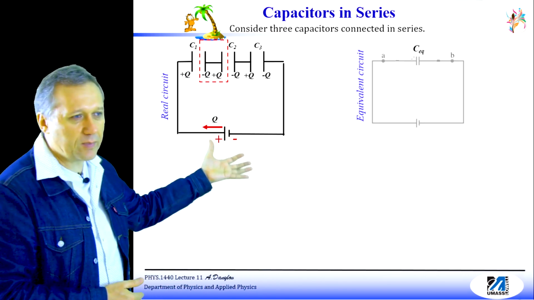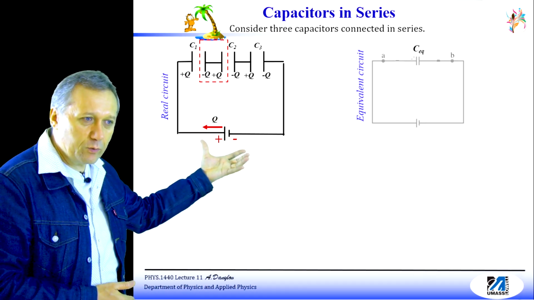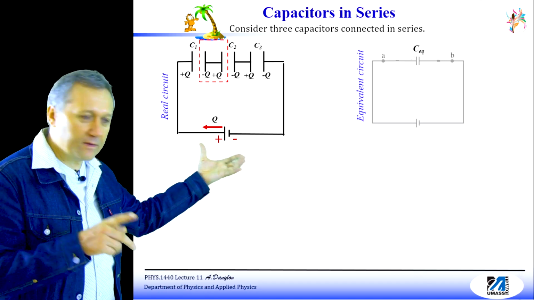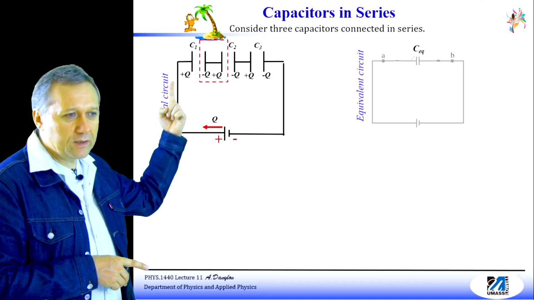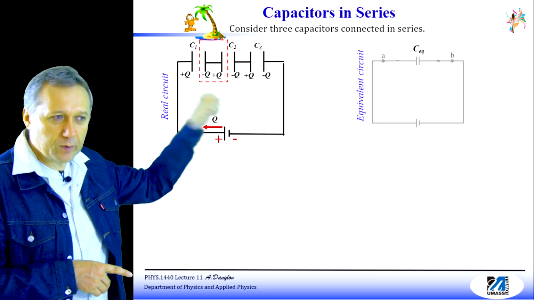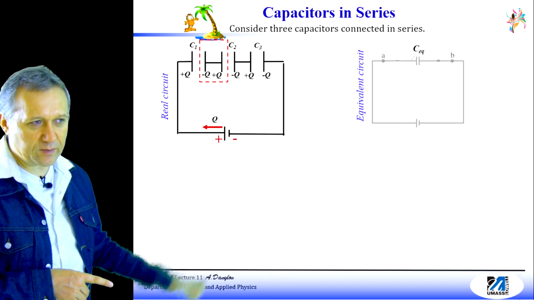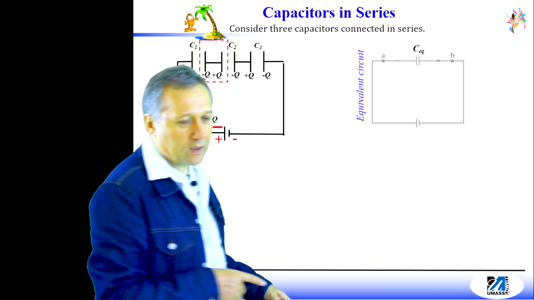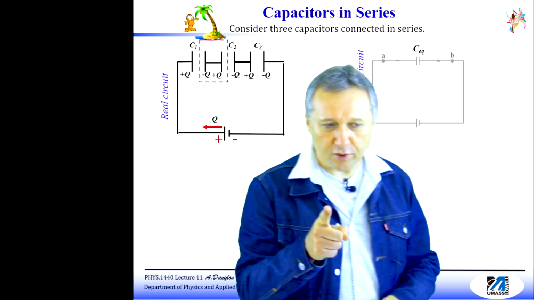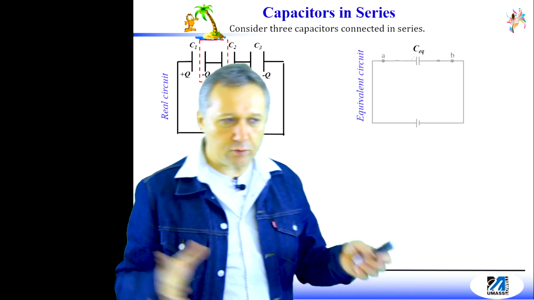Maybe you can add an additional battery. You can do maybe something else, right? But it doesn't matter what you do, the amount of charge in each of these capacitors is going to be the same, then we can say that these capacitors are connected in series. That's basically the definition of capacitors connected in series. Charges must be the same all the time, not just by accident under certain conditions.